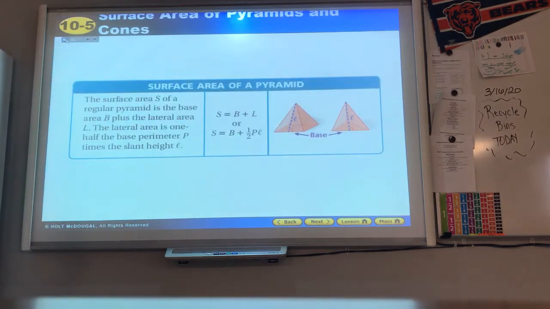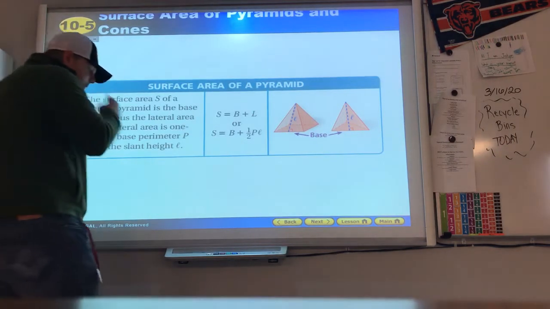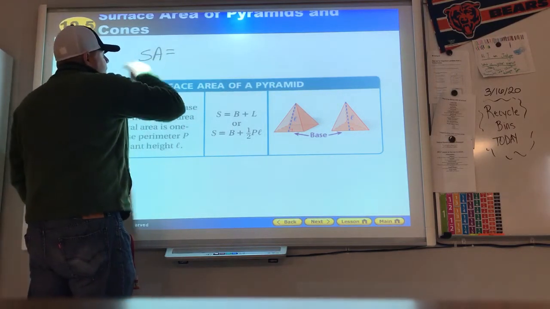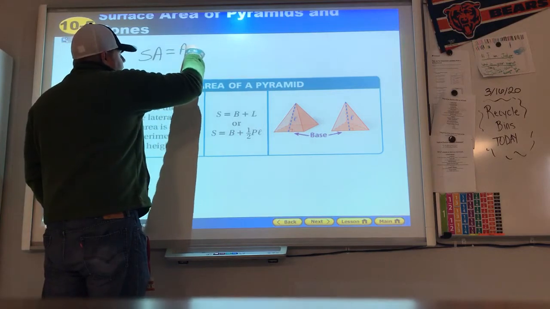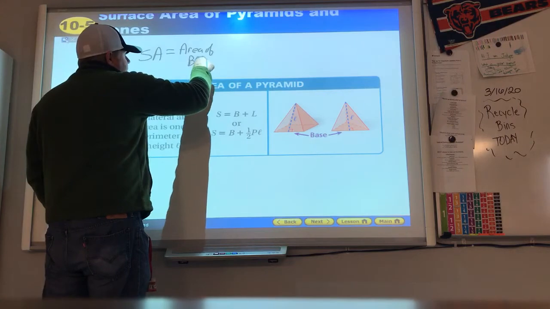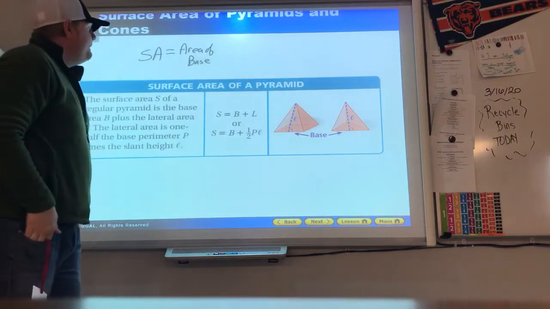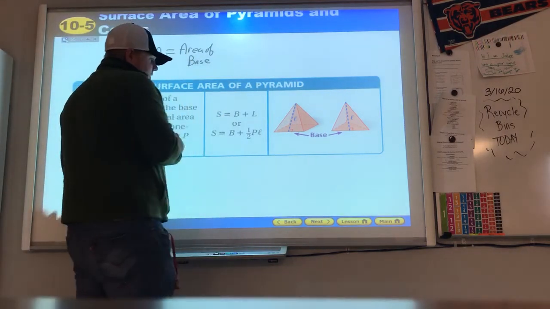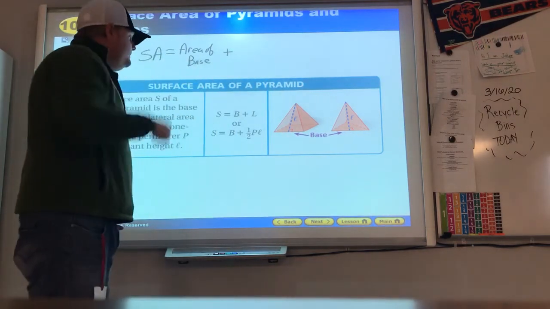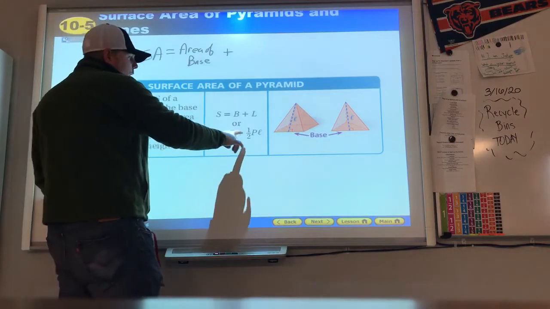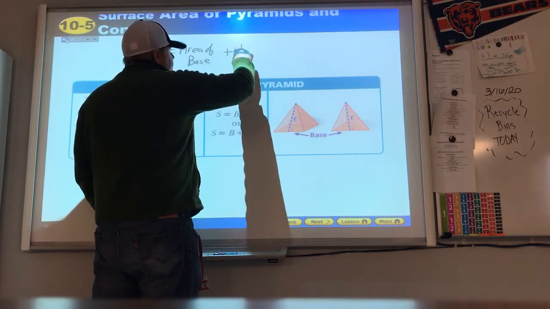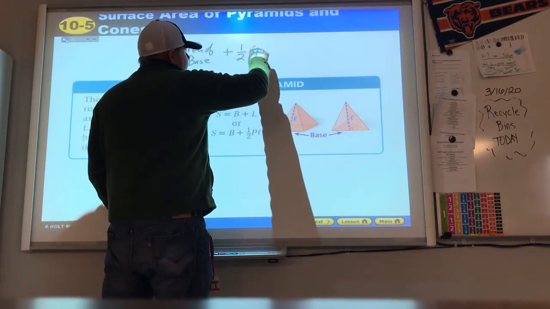All right? So, they say, for the surface area, we have area of the base. That's what the B stands for. Plus 1/2 the perimeter times the height.